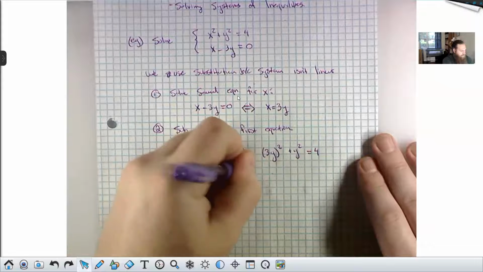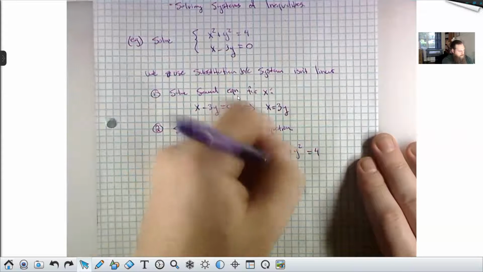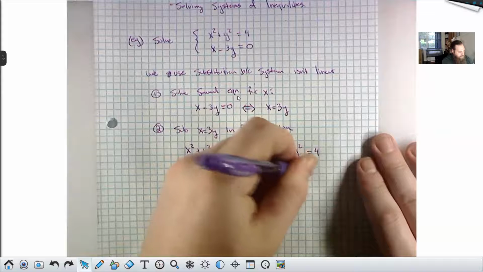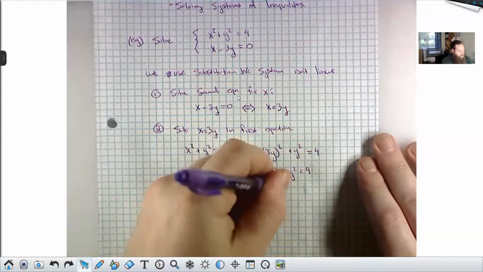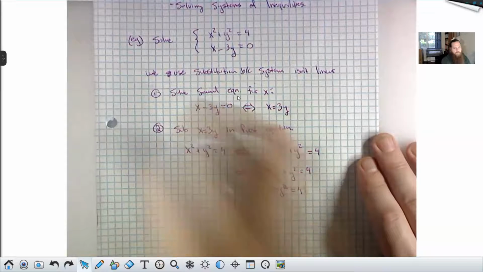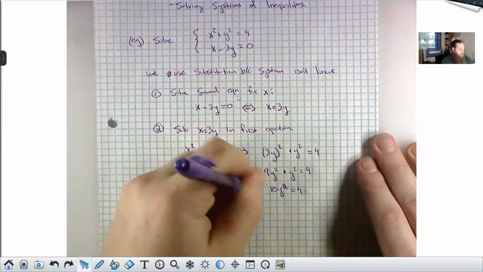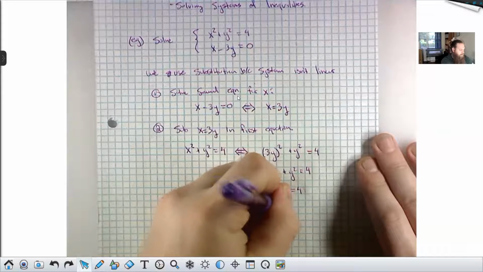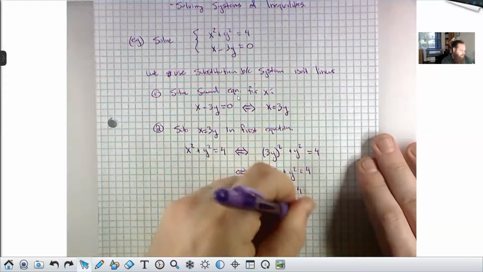So this is the same as saying 9y squared plus y squared equals 4, and 9y squared plus 1y squared is 10y squared. So we get 10y squared equals 4. Now I can divide both sides by 10, and I get y squared equals 4 over 10.